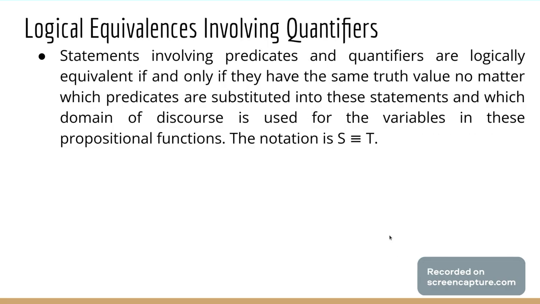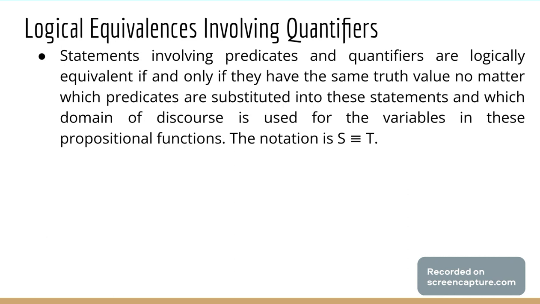Now let's look at equivalences involving quantifiers. Just like earlier, we can use truth tables to show that two statements are equivalent. Other than that, we can also use proofs. It is an if and only if statement.